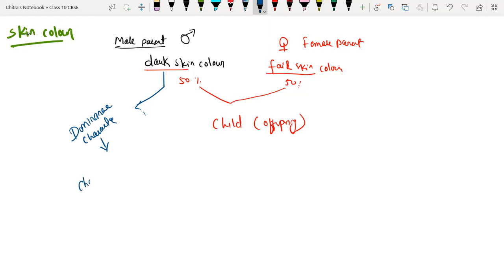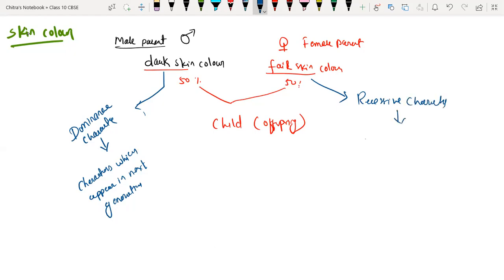Characters which appear in the next generation are called dominant characters, and those which do not appear are called recessive characters.